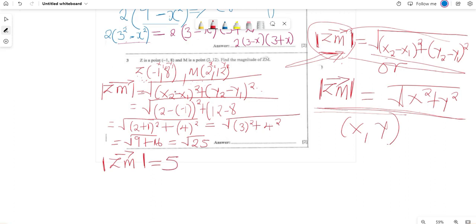Now we need to indicate the unit. Is it centimeters, millimeters, kilometers? However, under vectors, we just say 5 units. So this is the modulus. After doing this calculation, we need to indicate the final answer here, 5 units. So this is our answer.